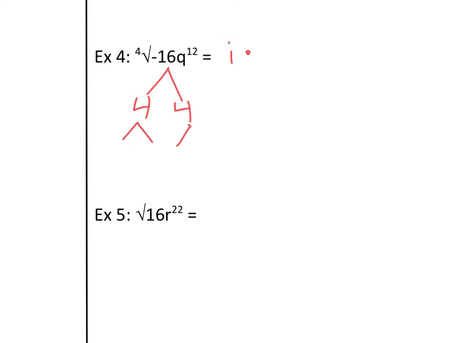The 4's then break down to 2, 2, 2, and 2. I'm letting in how many people to my party? 4. How many groups do I got? Just one group of 2, right? So 2 is what that becomes. How many q's do I have? 12. So how many groups of 4 will that be? 3.